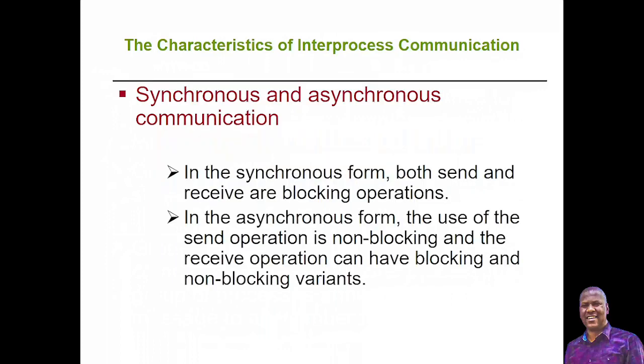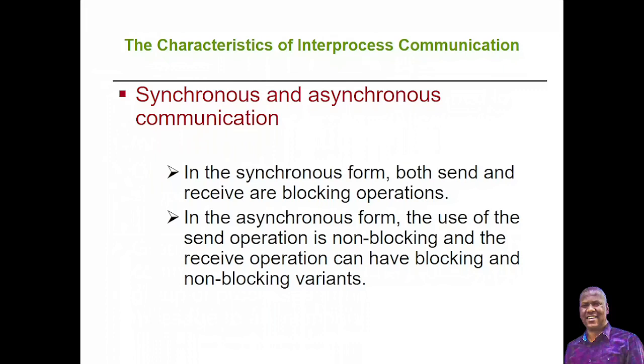What are the characteristics that a particular inter-process communication must have? Now, the common one is synchronous and asynchronous communication. When you understand these two terminologies, then I think you are ahead to understand how the processes communicate.